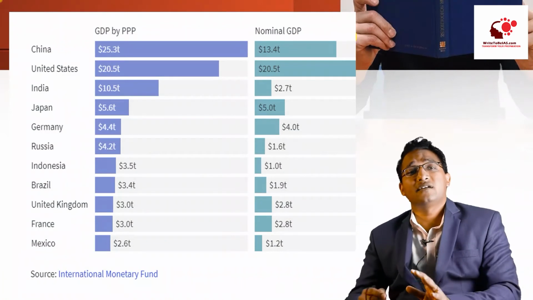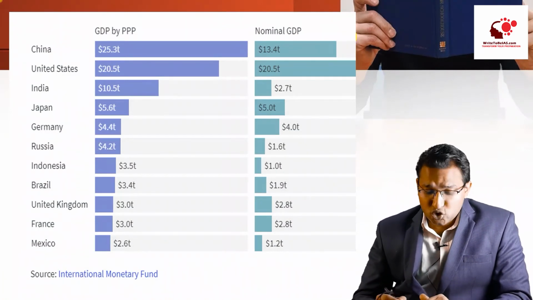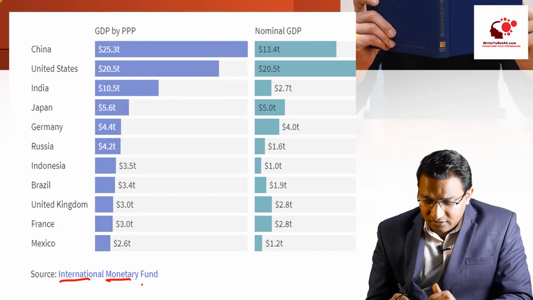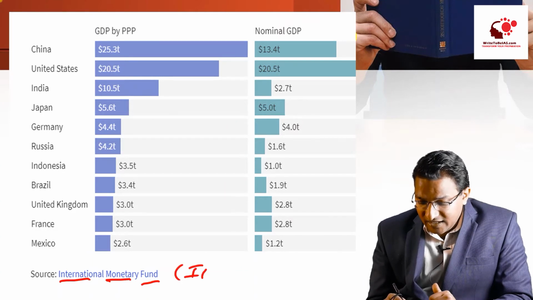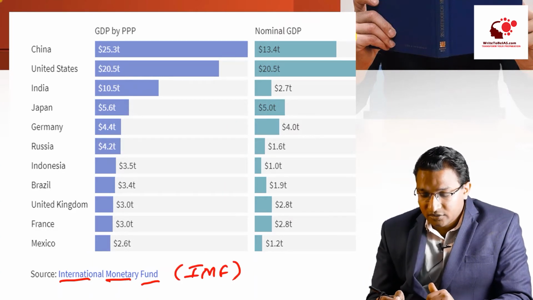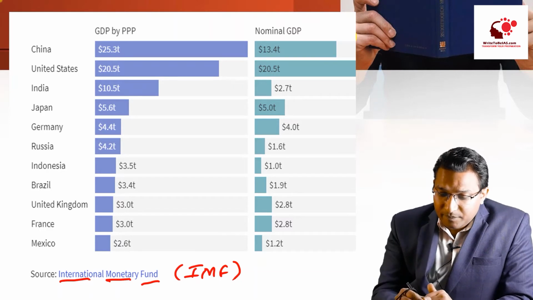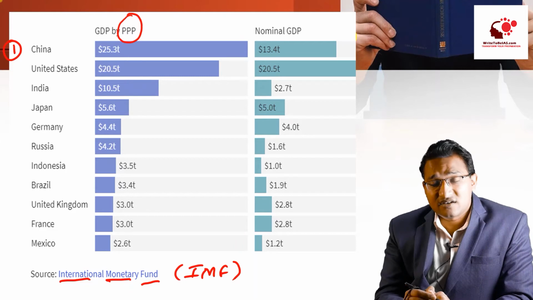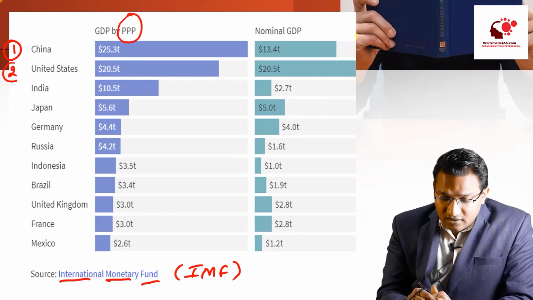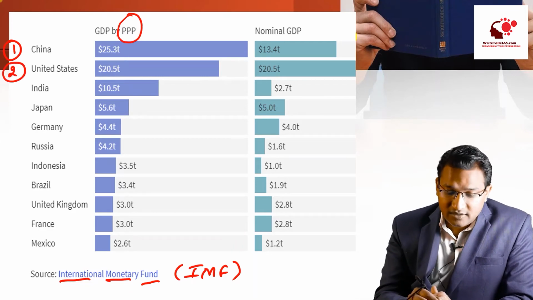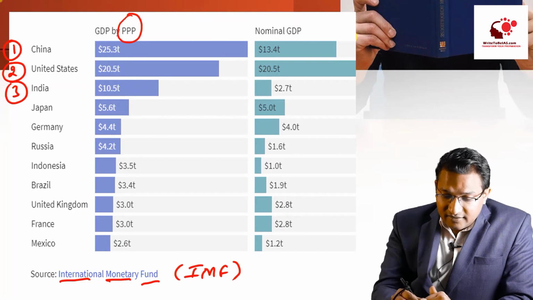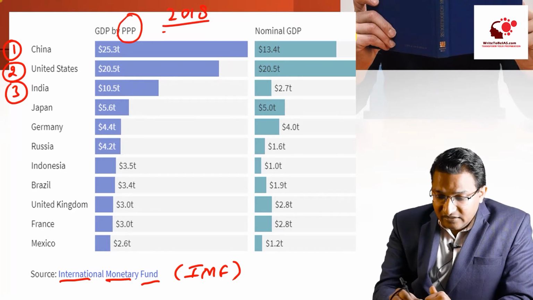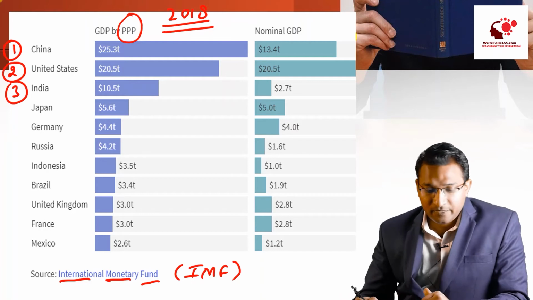Now this is the data that you can see. The source of this data is the International Monetary Fund, IMF, and IMF has indicated that on a PPP basis, China is the first ranked country in the world, USA is rank 2, and India is rank 3, and this is basically the 2018 report, just 2 years ago.